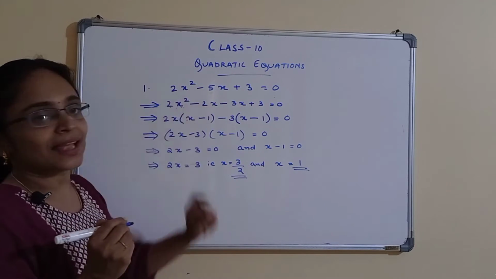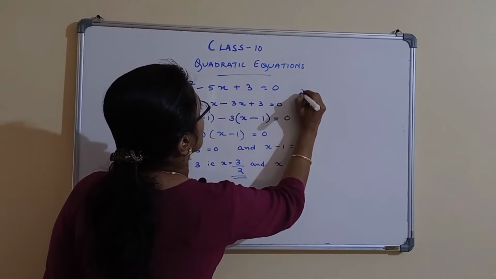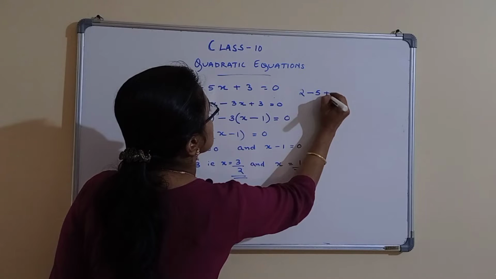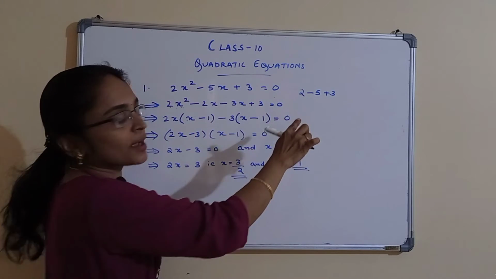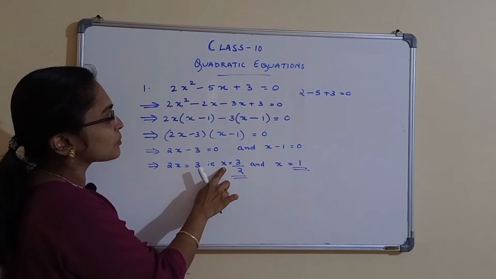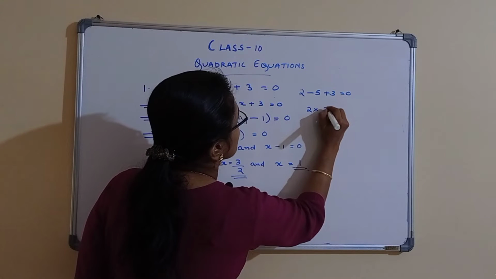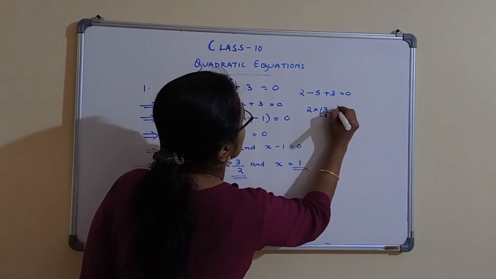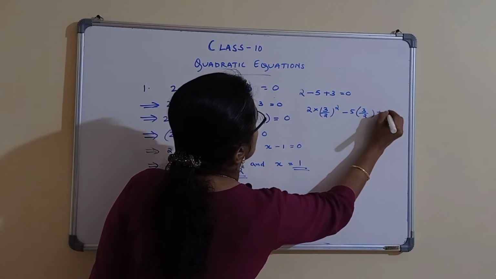You can check that. If we put the value of x as 1, we have 2 minus 5 plus 3. 2 minus 5 plus 3 is 2 plus 3 is 5, 5 minus 5 is equal to 0, which is correct. Now if we put the value of x as 3 by 2, we have 2 into 3 by 2 square minus 5 into 3 by 2 plus 3.